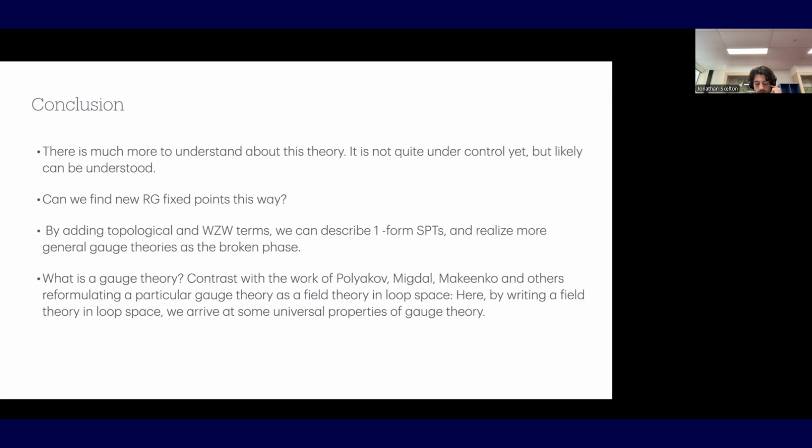And I think it's a very interesting framework, where you can learn a lot of things about one-form symmetry using this Landau-like idea. I think they want to use it to maybe find new fixed points.